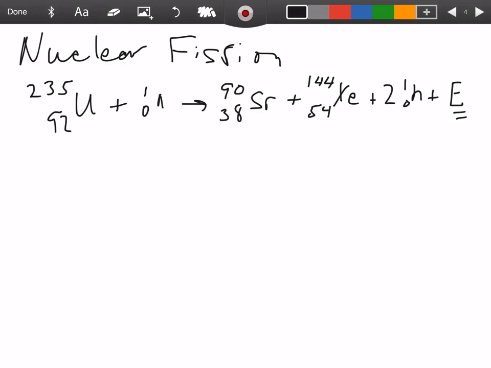Now those two new neutrons can go in and react with more uranium-235, and you will get two more reactions going. That's going to produce four neutrons, and those four neutrons can react with four more uranium-235s and create eight more, and you get what is referred to as a chain reaction.